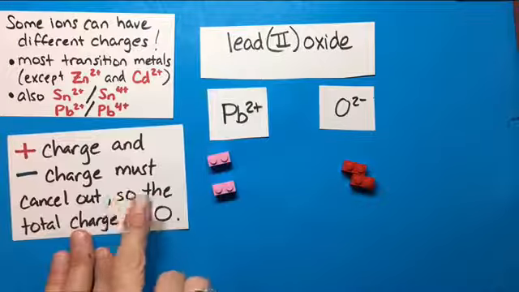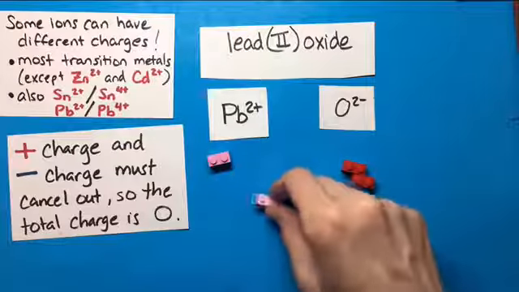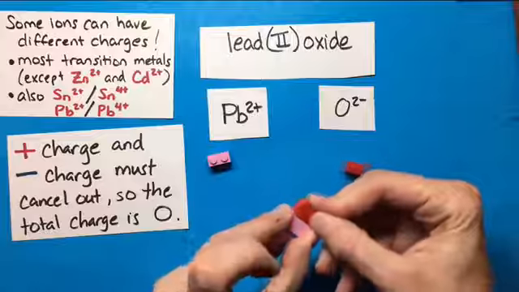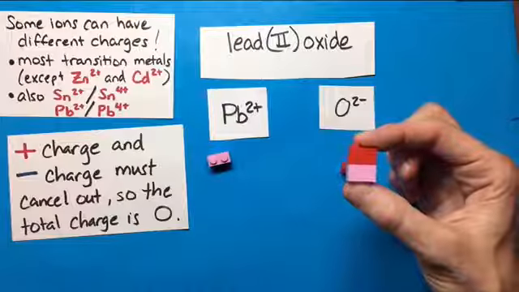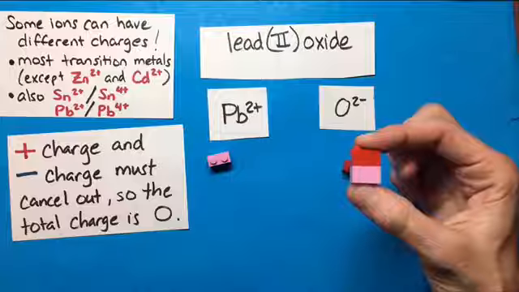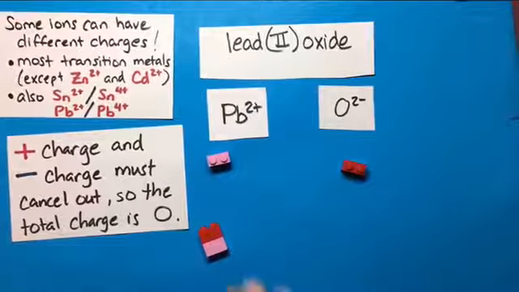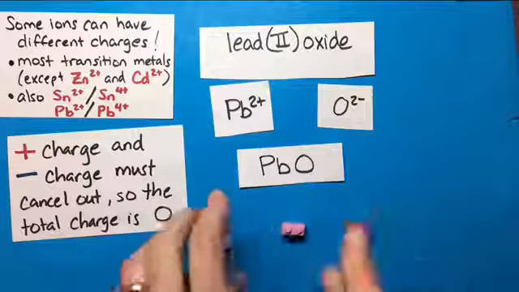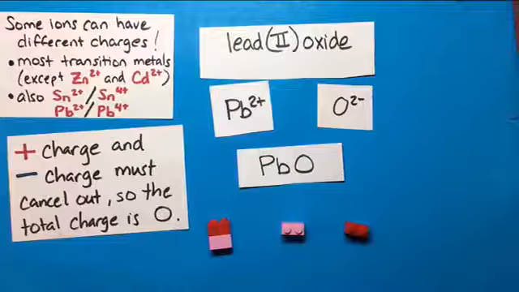Remember, positive and negative charges must cancel out so that the total charge is 0. Well, if I take one lead ion and one oxide ion and put them together, I'm done. Those charges exactly cancel each other out. So the formula for lead(II) oxide is just PbO. 1 lead, 1 oxygen. The charges balance each other out.